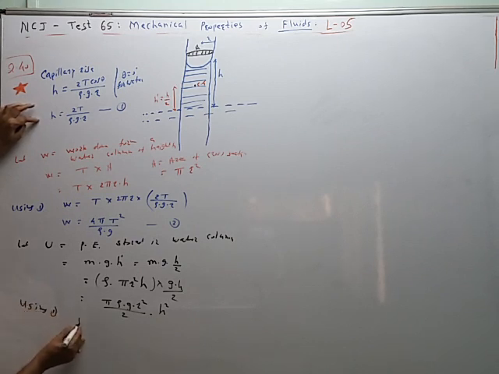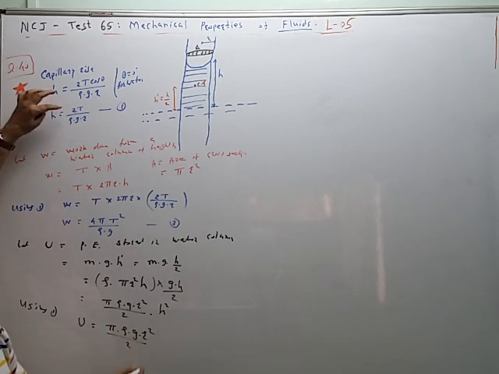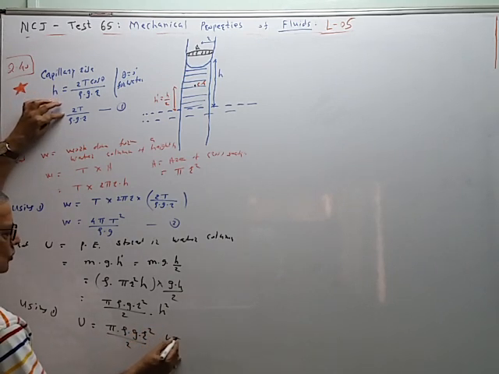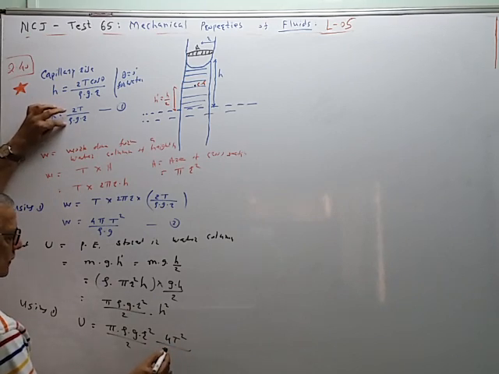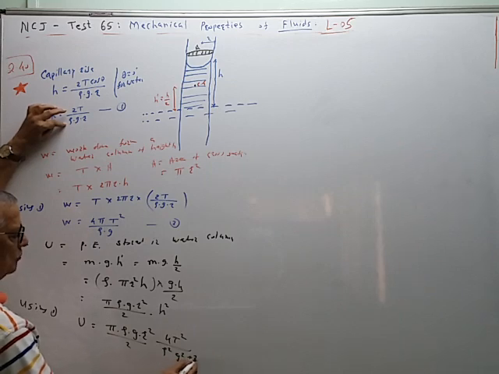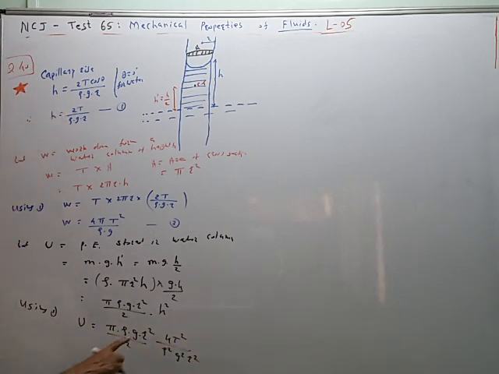Using equation 1, the potential energy stored is equal to pi into rho into g into r square by 2, and now square of this. So 4 T square upon rho square g square r square. So r square will get cancelled, and this 2 will divide by 2.